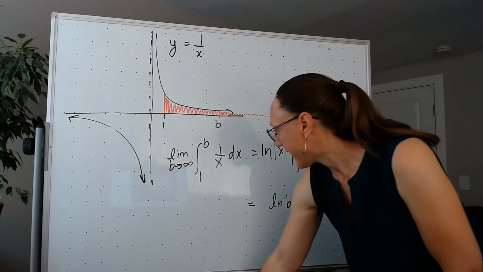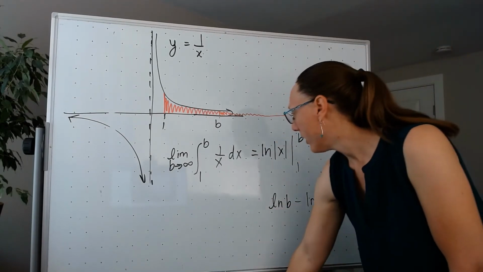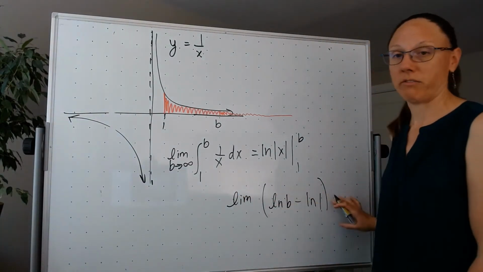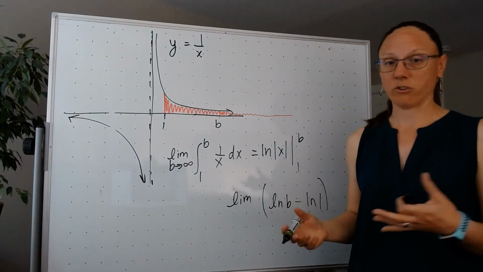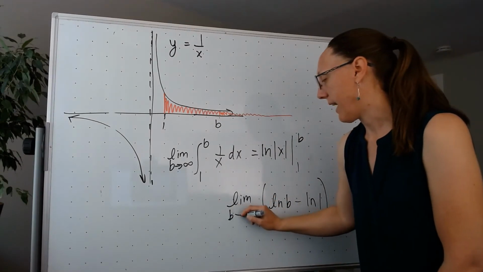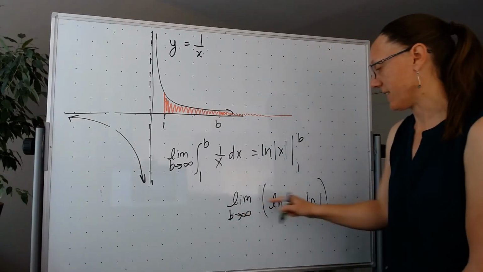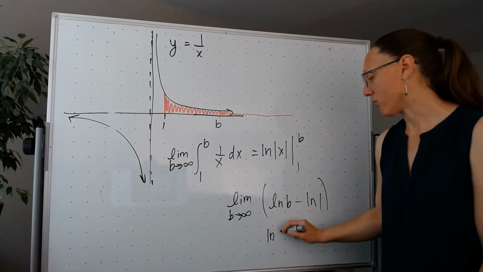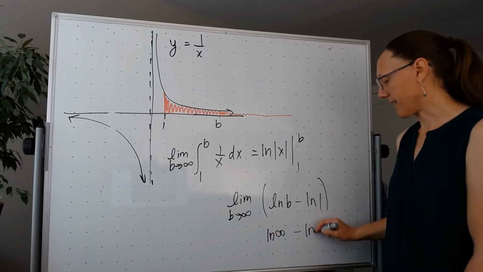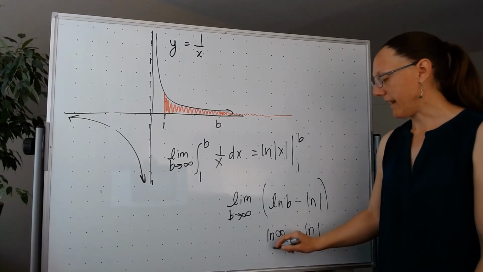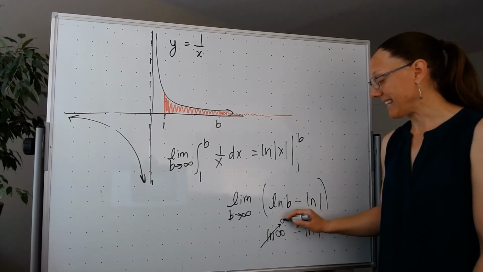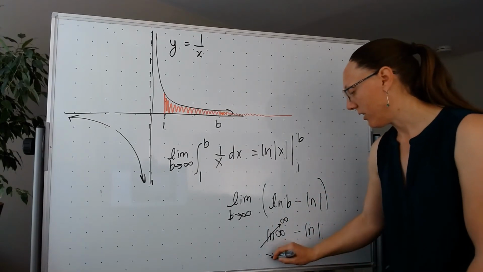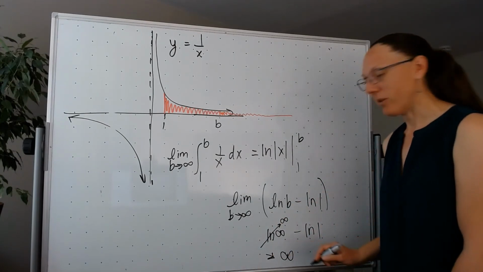We just have this extra step now of after we've finished all of our sort of regular antiderivative stuff, now we're going to take the limit as b approaches infinity, which means in this case I'm going to end up with natural log of infinity minus natural log of 1. And natural log of infinity, that is headed to infinity, which means this overall answer is headed to infinity.